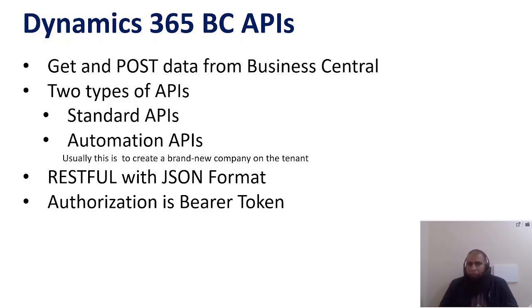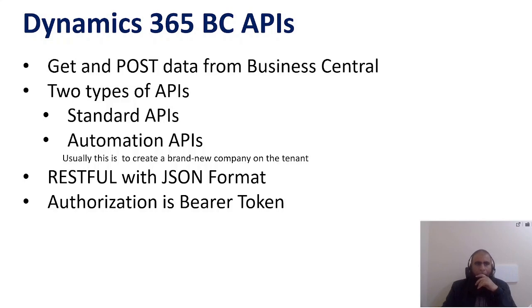There are two types of APIs within Business Central: standard APIs and automation APIs. Both are almost the same, but with a slight difference in the endpoint. We will see that in the next slide.